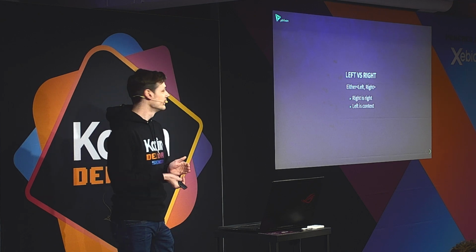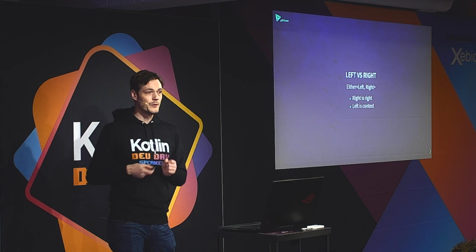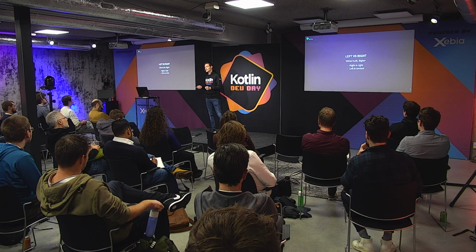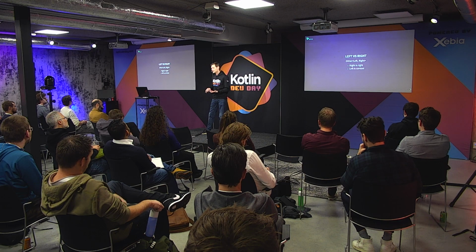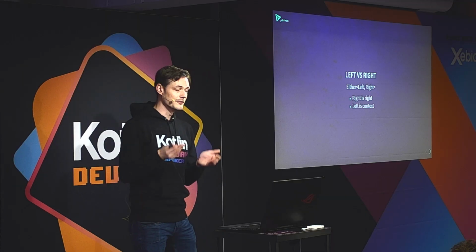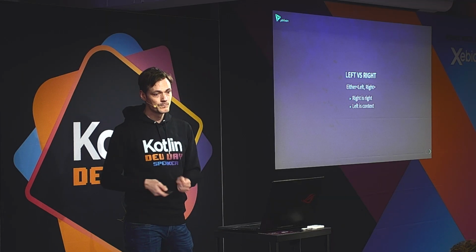If you're now thinking, what is this weird naming convention? You're not alone in this, but to be fair, it's kind of hard to find a naming convention that works in all scenarios. So they picked this as default, we just have to live with it. So you have the left, and right is right.